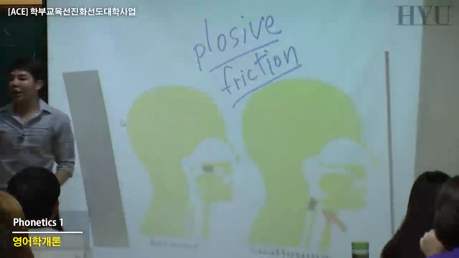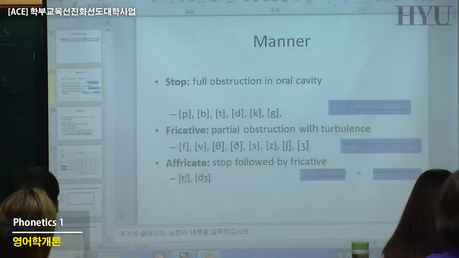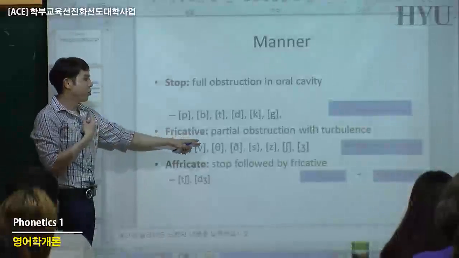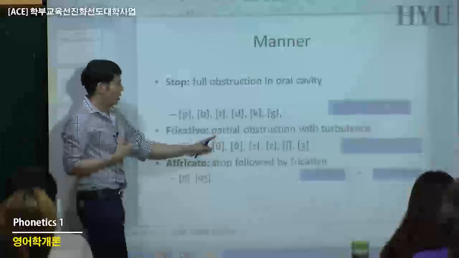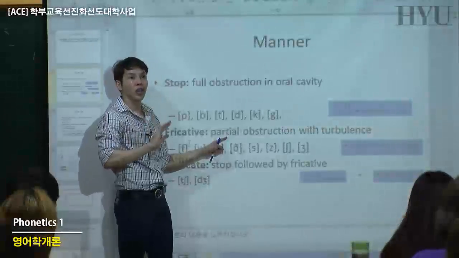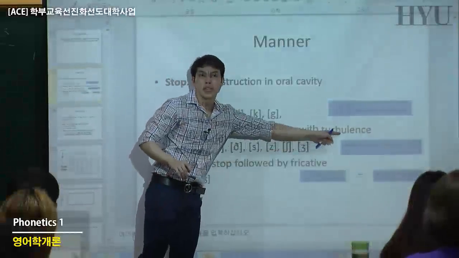So the word fricative comes from that. It means there's friction, there's up and down of the air when you pronounce these sounds. So fricative refers to partial obstruction with turbulence, not complete, unlike stop, okay?